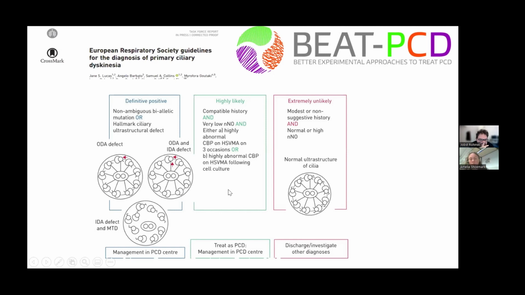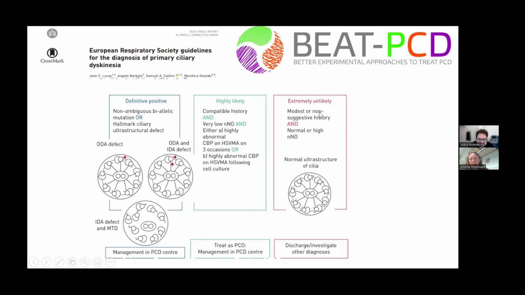There's still quite a lot of people who don't fit this criteria and are considered to have highly likely PCD based on the nasal nitric oxide test and the functional tests showing that repeatedly the cilia aren't beating and moving properly. And excluding the condition is really difficult.